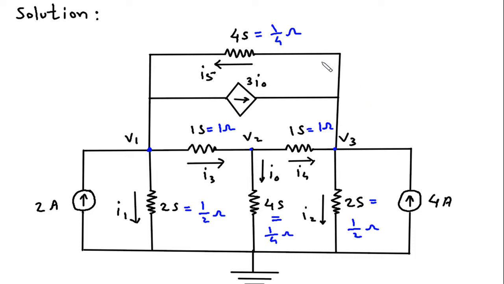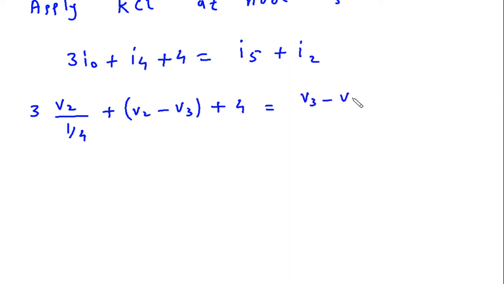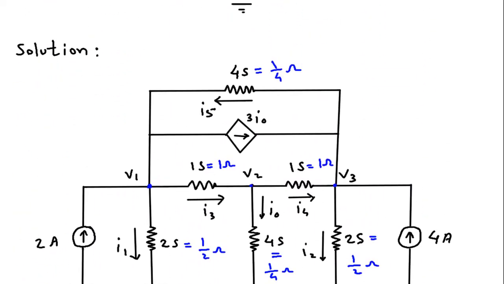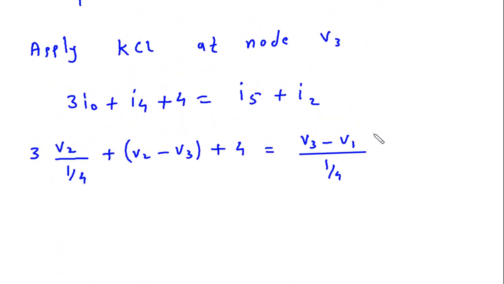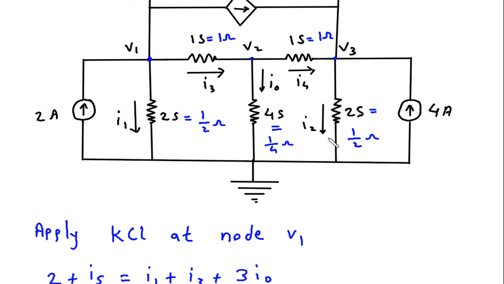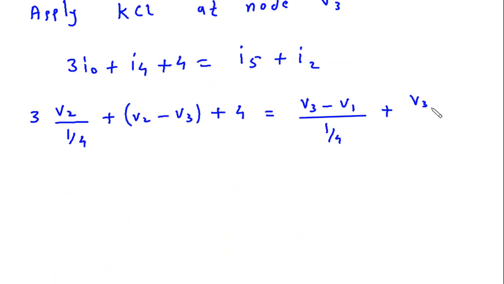I5 is V3 minus V1 by 1 by 4, then plus I2. So I2 is V3 minus 0 by 1 by 2.